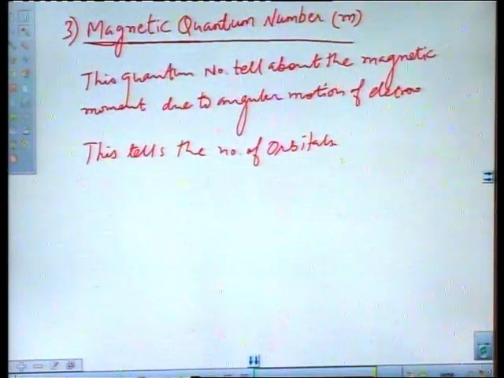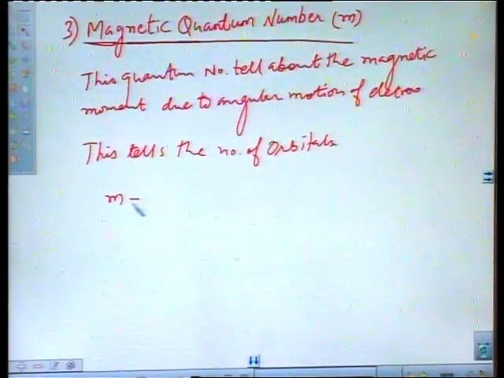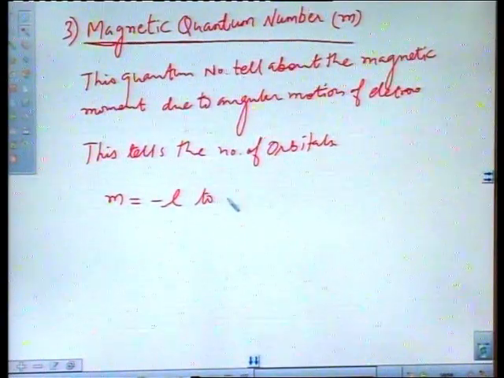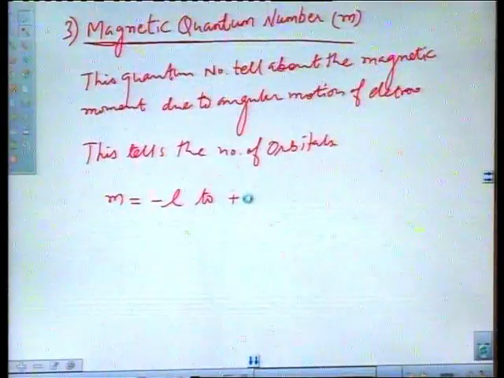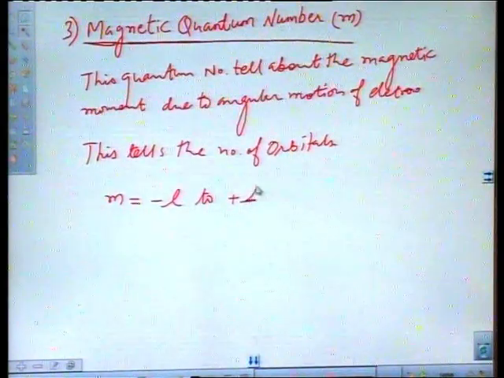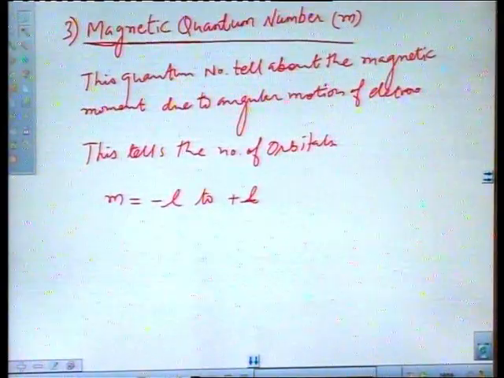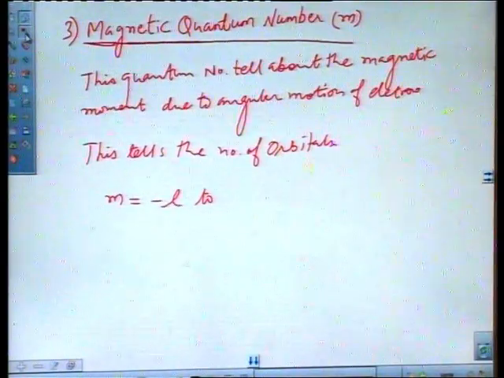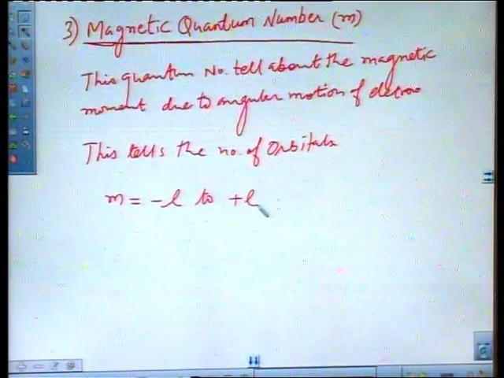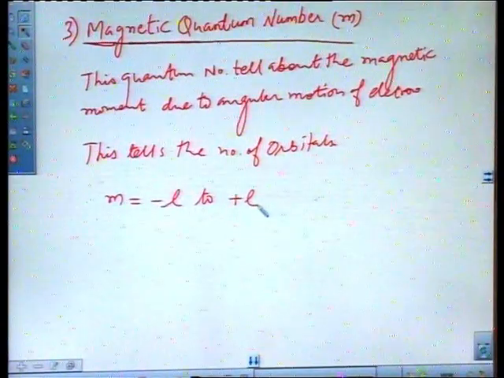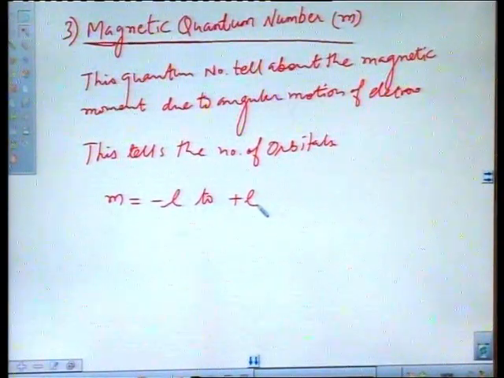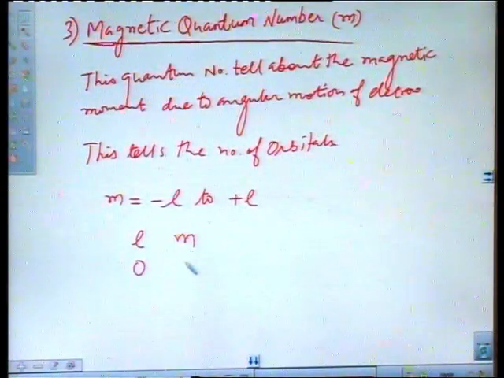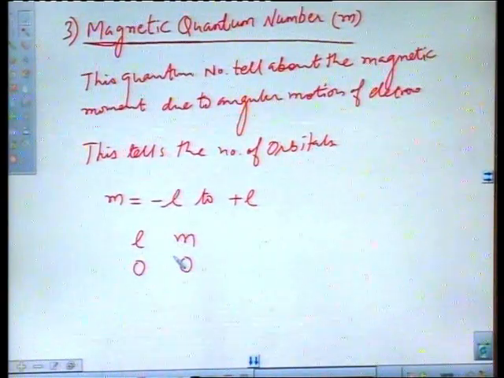So, the value of m ranges from minus L to plus L. That is, if the value of L is 0, the value of m is only 0.